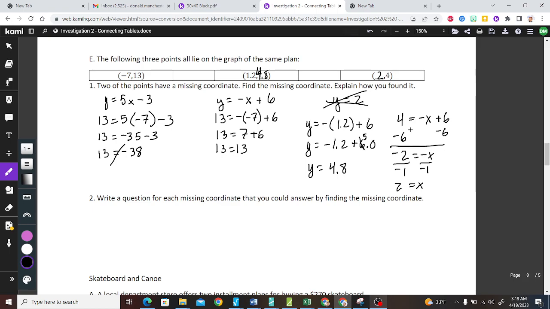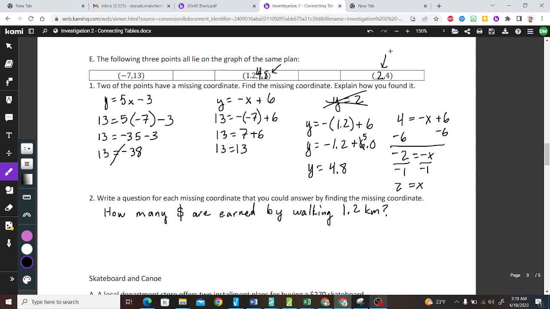So write a question for each missing coordinate. So in this case, we were missing the dollars. So it would be how many dollars are earned by walking 1.2 kilometers.